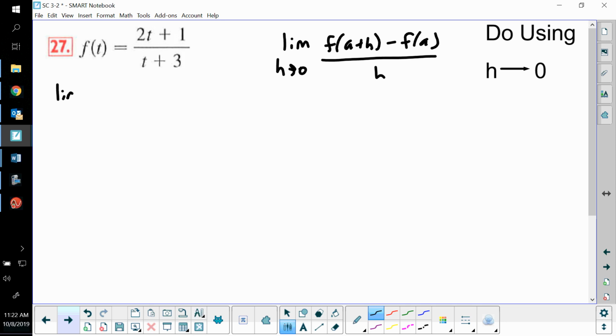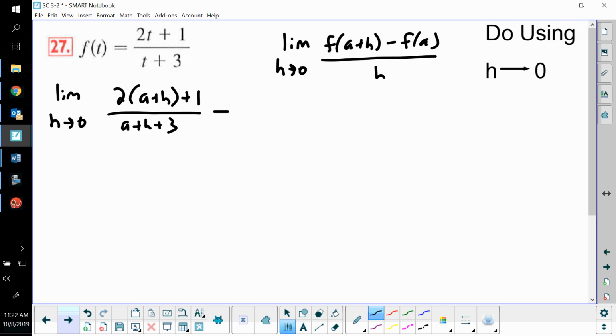So we'll have limit as h approaches 0. F of a plus h means everywhere there is a t, we will replace it with a plus h. So we'll have 2 times a plus h plus 1 over a plus h plus 3. That's f of a plus h. Minus f of a.